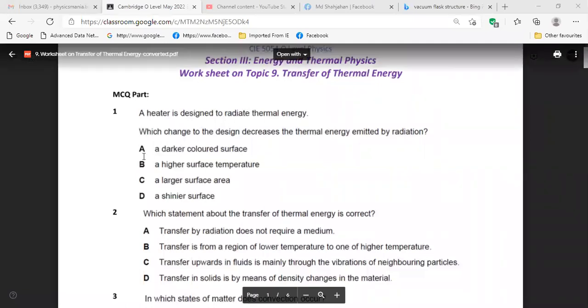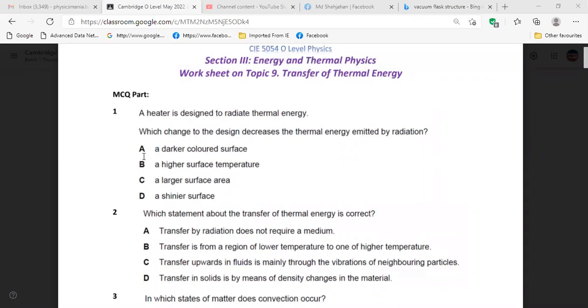A heater is designed to radiate thermal energy. Which change to the design decreases the thermal energy emitted by radiation? A darker color surface, a higher surface temperature, a larger surface area, a shinier surface. Which one? D, a shinier surface.